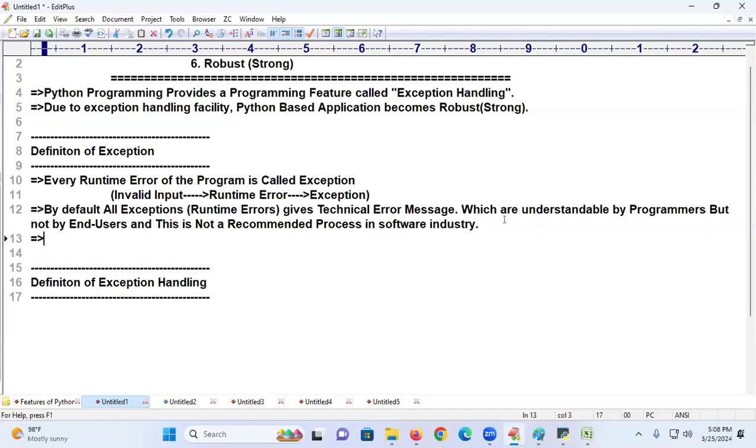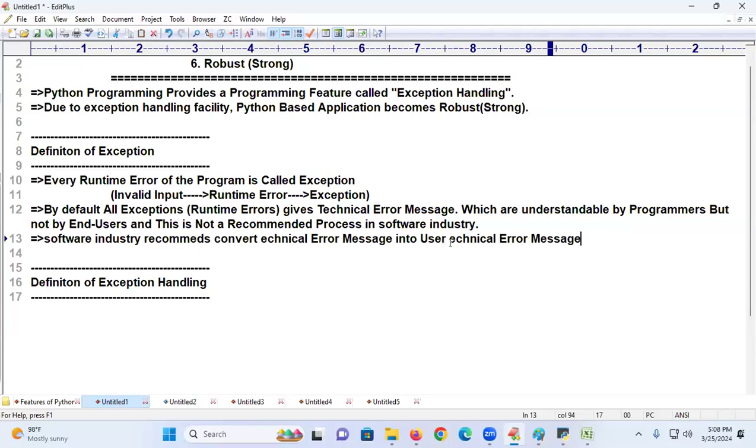Software industry recommends converting technical error messages into user-friendly error messages.